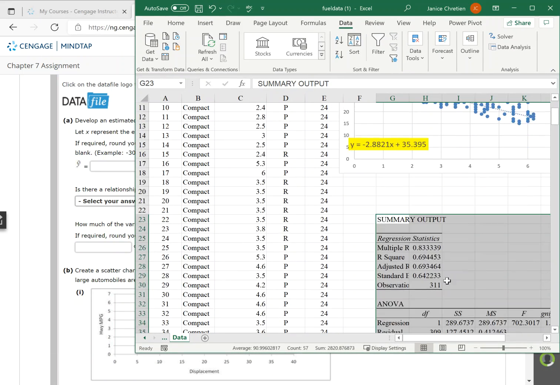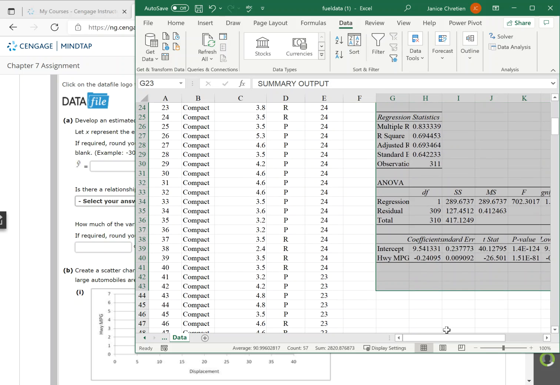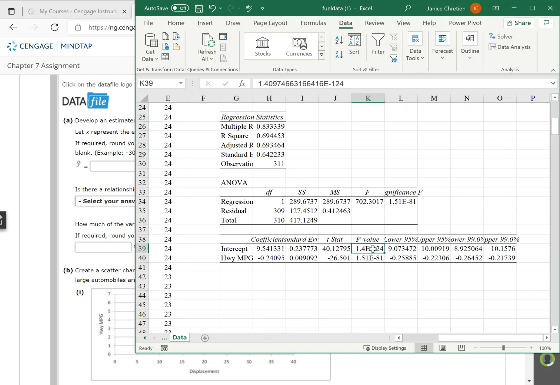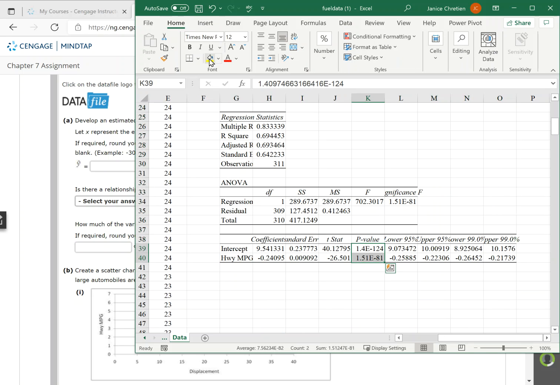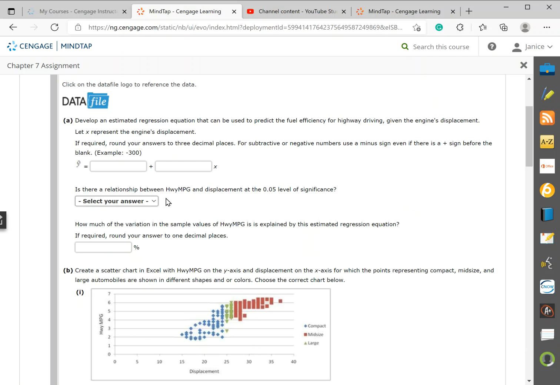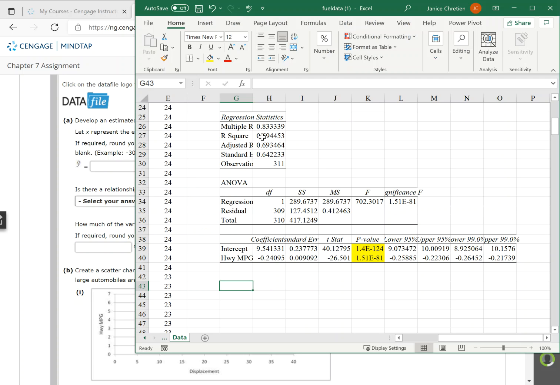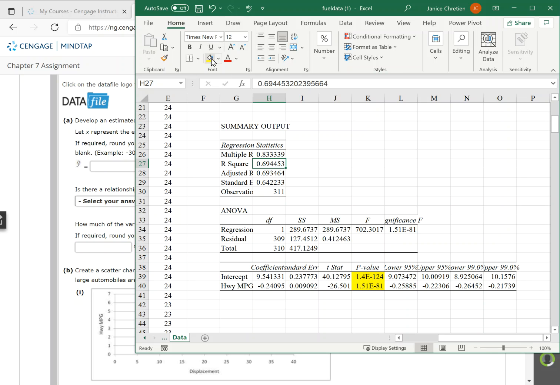Okay, so here's my output. And I need to look at my p-value here, and they both are quite significant, which I can see. That one's got 124 zeros in front of it, so it's quite small. And then it wants to know how much variation, which again we know is our r squared, as a percentage.